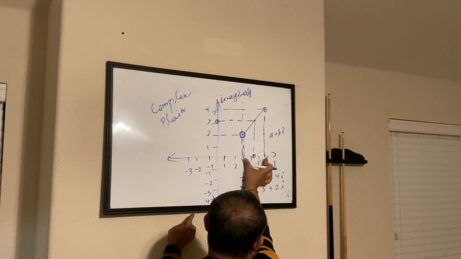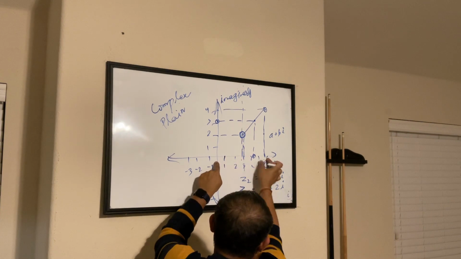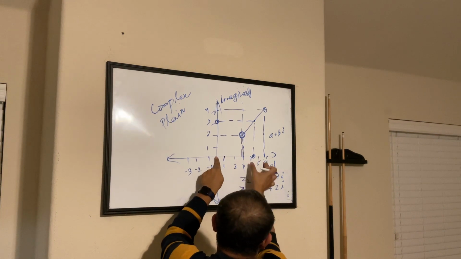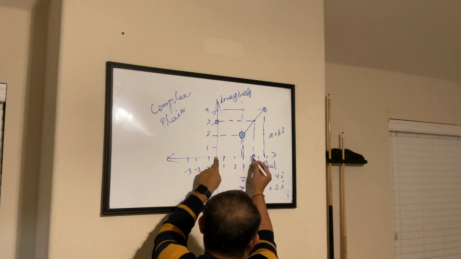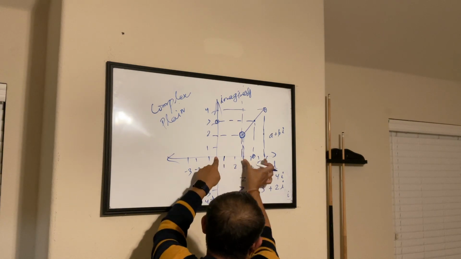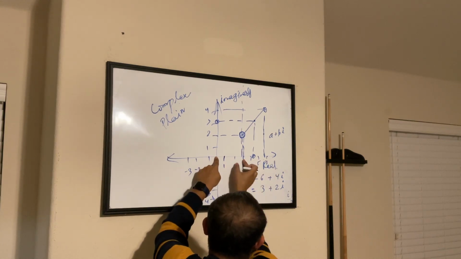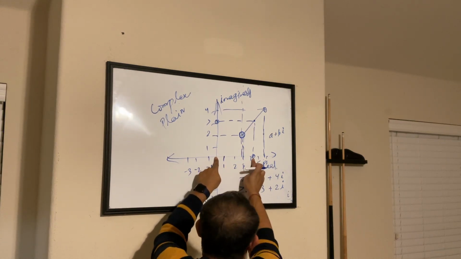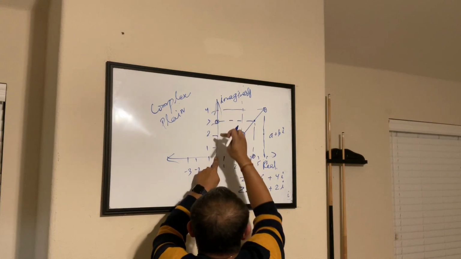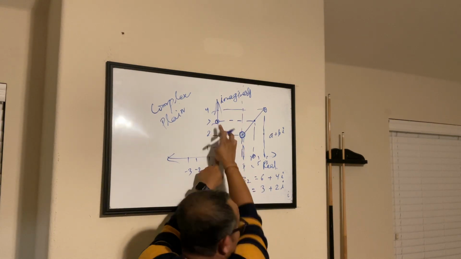So this is the average of the lengths, this length plus this length by 2. That will be at this point. Likewise, here it will be this length plus this length by 2. That will be at this point.